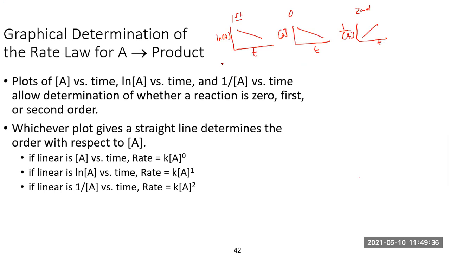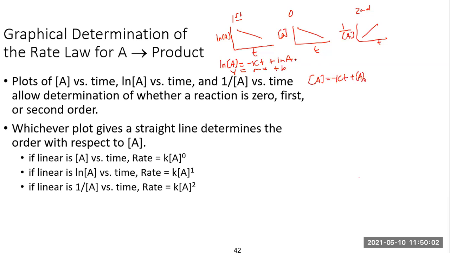And remember that these really do come from rearranging those equations. This would be the natural log of A is equal to negative KT plus the natural log of A naught. That's Y is equal to mx plus b. Same thing with this one here. That would be the concentration of A equals negative KT plus A naught.